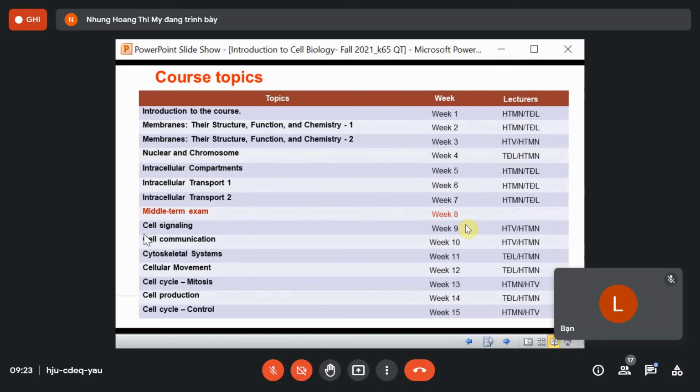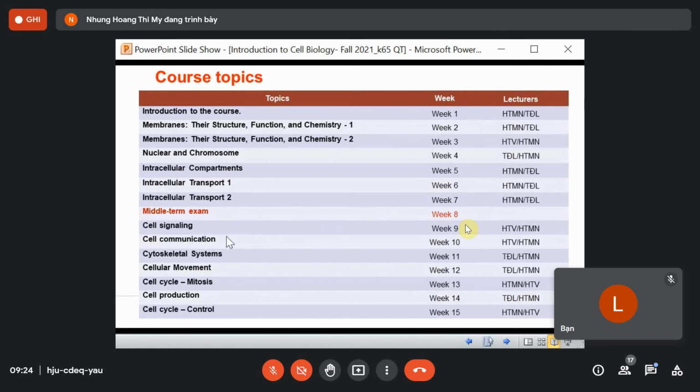In the next part of the semester, the topic will concentrate on cell signaling. Cell signaling is a very complicated process inside the cell, and it is also very difficult to understand. If you read research papers, you will see that in every process, in every activity of the cell, they always try to understand the signaling pathway involved in all of these processes and activities.